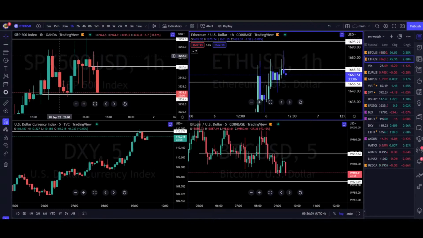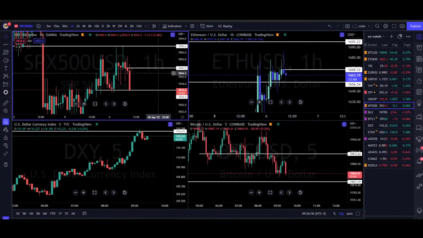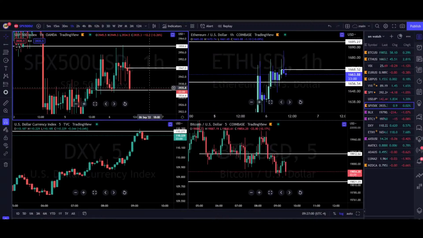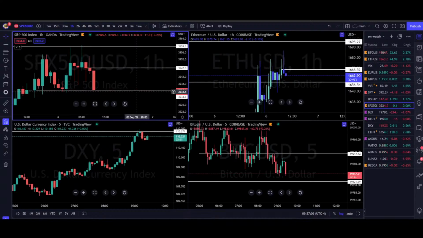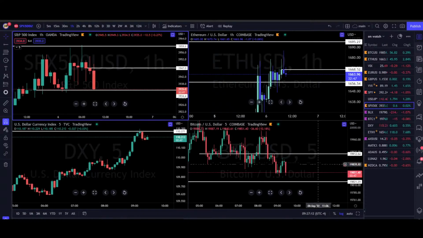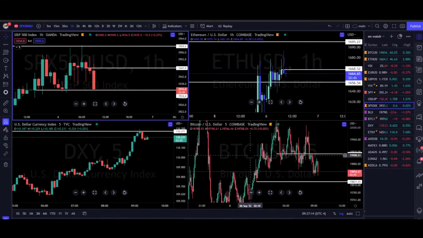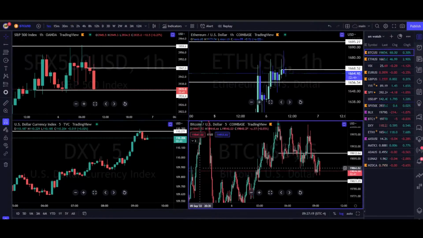SPX is trading well under this point of control and at the open of the day. You just tagged the open. Bitcoin's open is way over here.